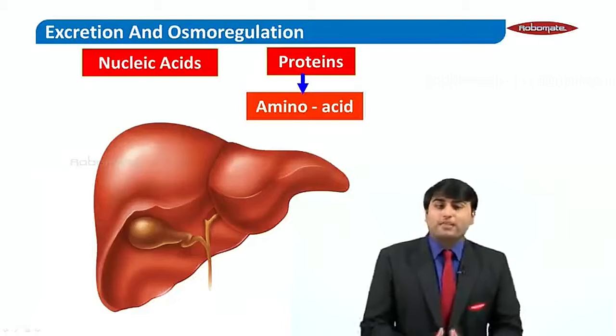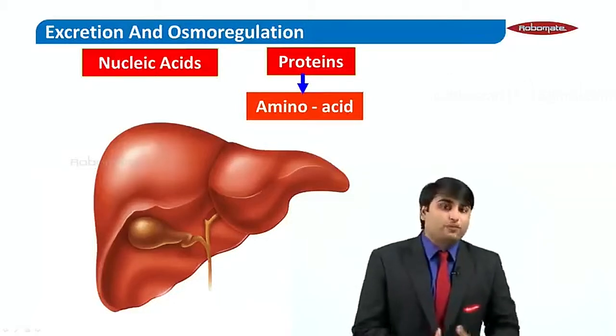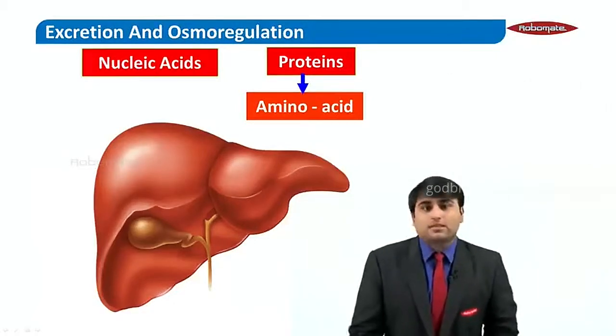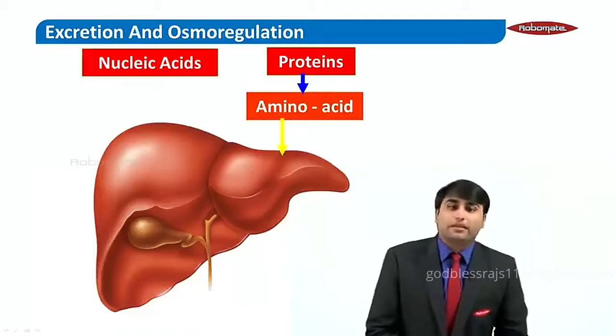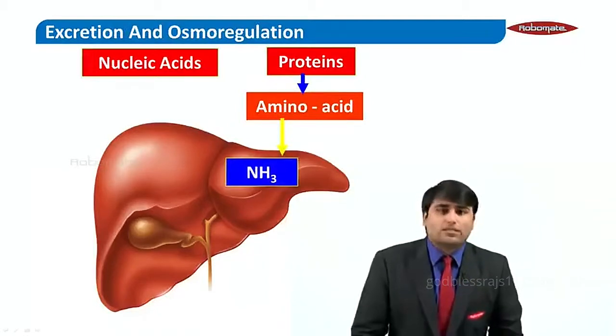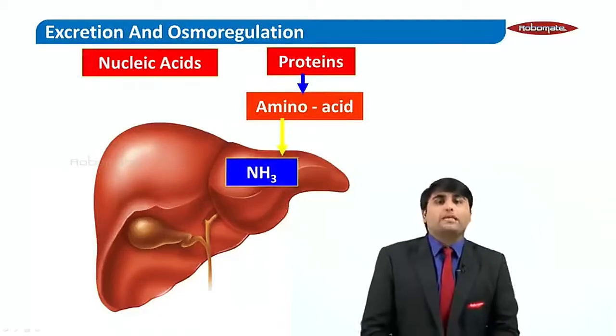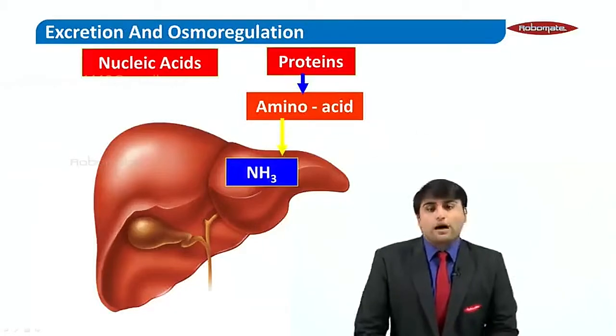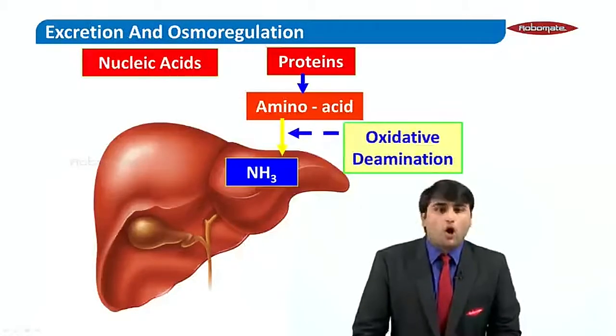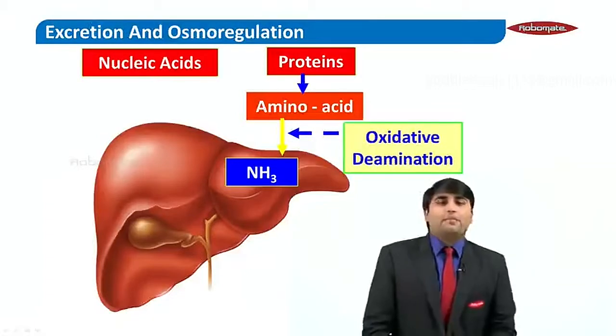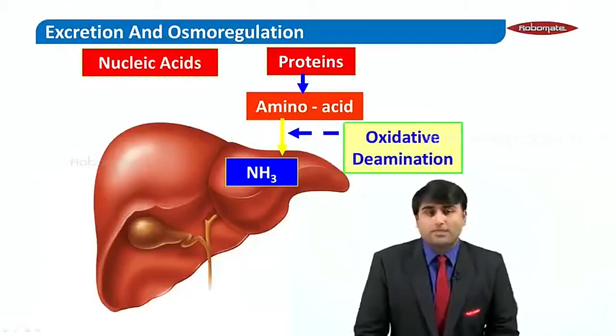But the amino acids which are left over or which are in excess would be converted into an important toxic waste, that is ammonia. So the amino acid goes under oxidative deamination and forms ammonia.